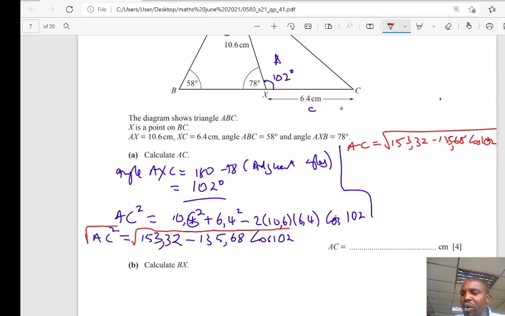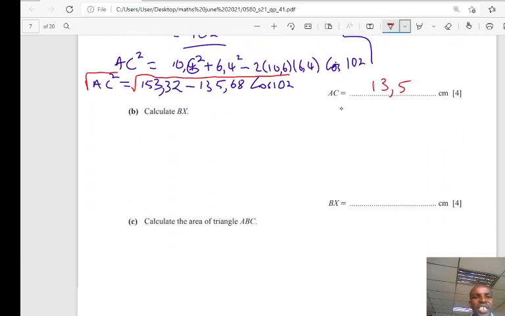Then it's 13.47328. To three significant figures, you say 1, 2, 3. You look at this one, 7. You add 1 here. It will be 13.5. Units are there, centimeters. Then you can say you are done.